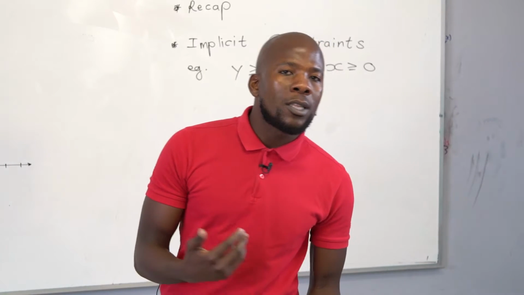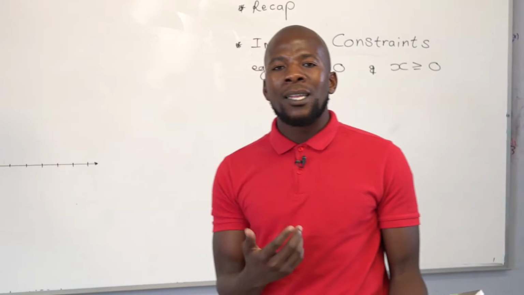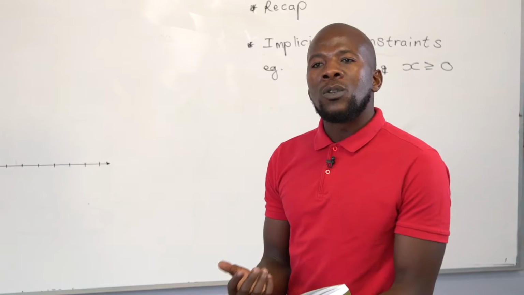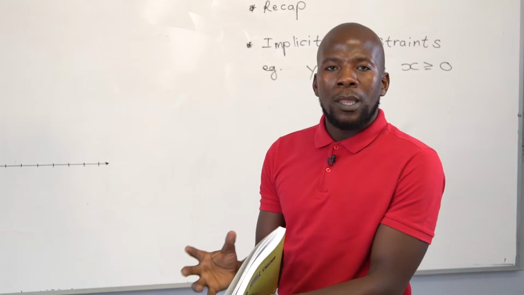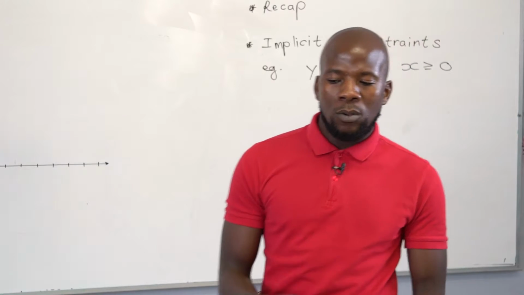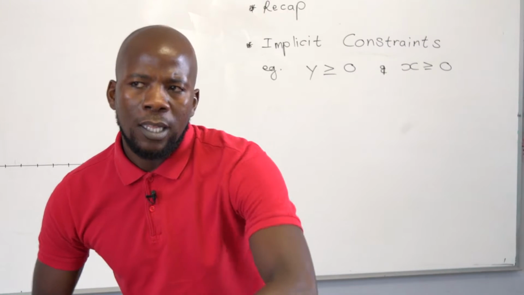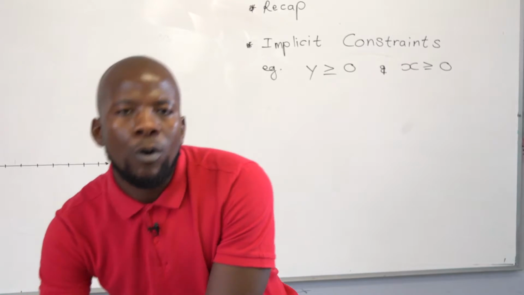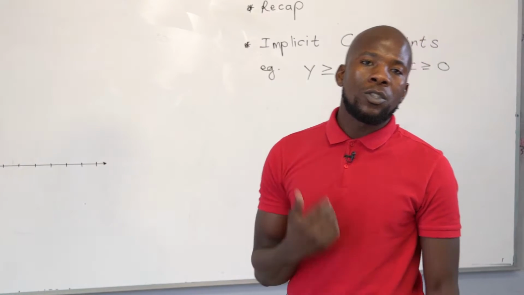Therefore, implicit constraints are constraints which are implied just by the statement or based on the actual topic that we're discussing. We will not tell you. Sometimes the problem gives you the implicit constraints, but generally in level 4, you are expected to formulate the constraints yourself.